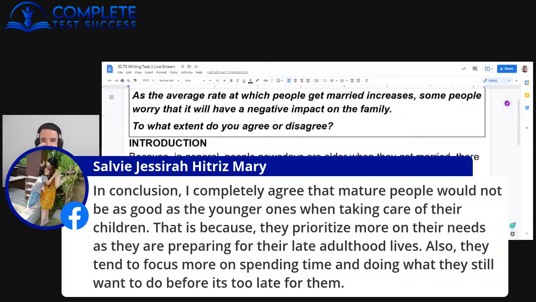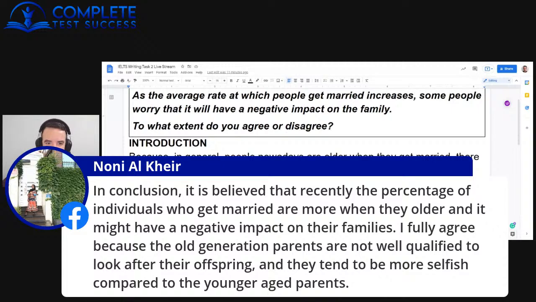So these main ideas are not the same ones as we had in the introduction, but this is essentially a perfect conclusion as well. One thing I would say in comparison to Noni's one, where Noni did reiterate the full, so essentially Noni wrote it like an introduction by paraphrasing the question and then an outline statement, but you don't need to paraphrase the question in the same way, Noni.